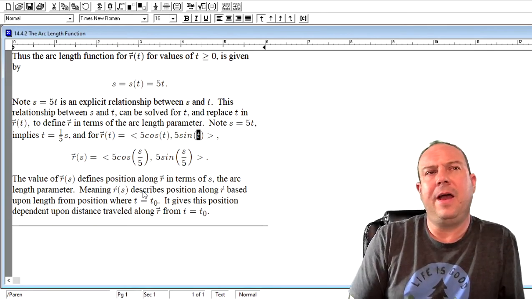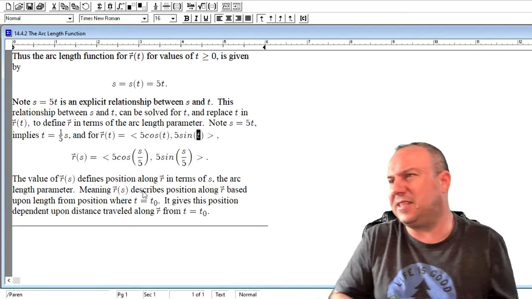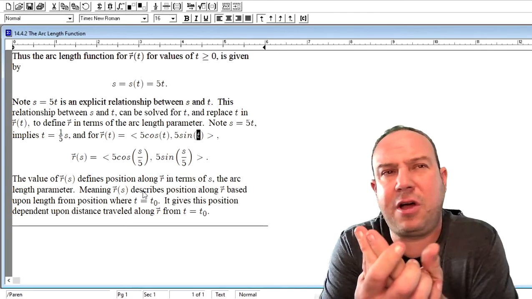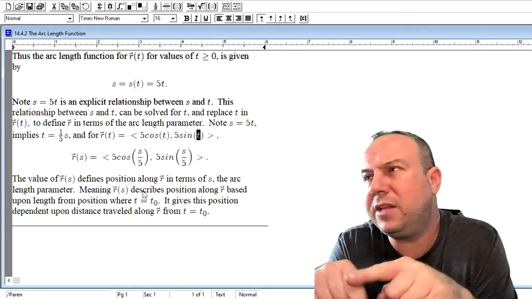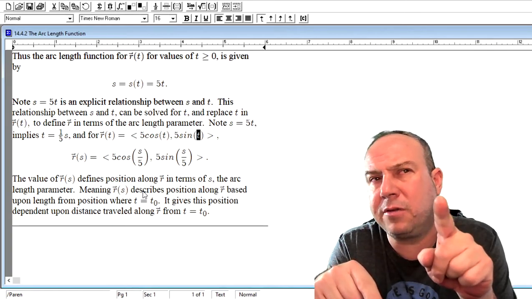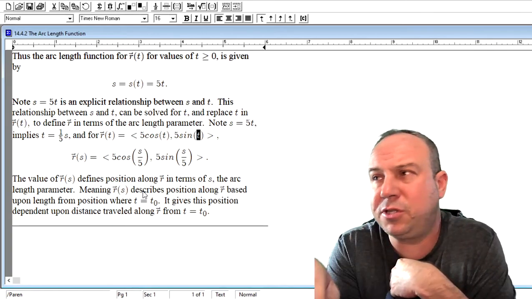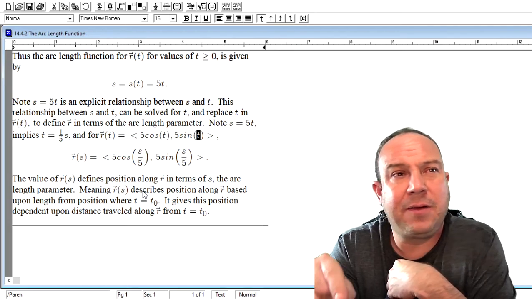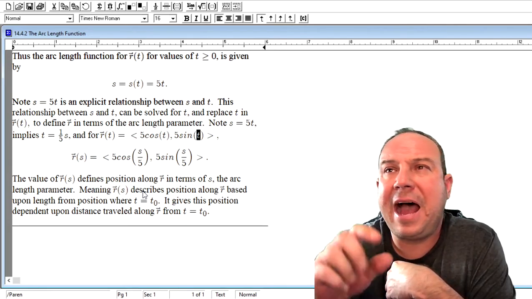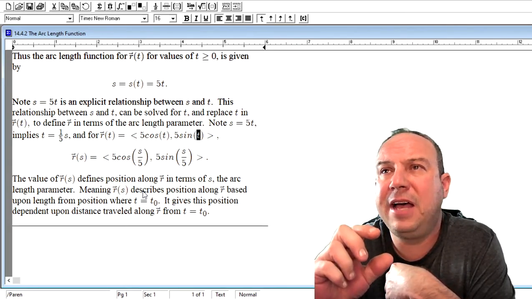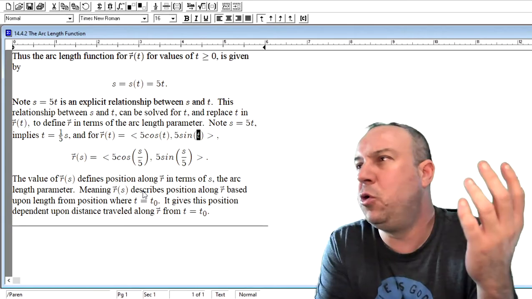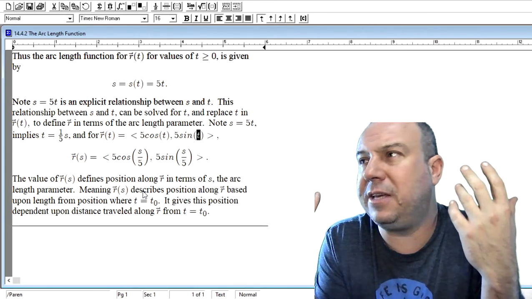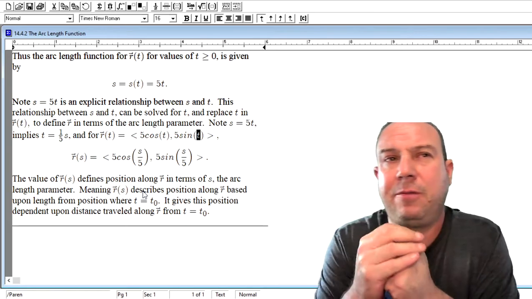All right. What we have done here is, in a sense, given our description of position along this curve relative to how far we have traveled along the curve, as opposed to how far we have just moved in some arbitrary parameter t, starting at t equal to 0.